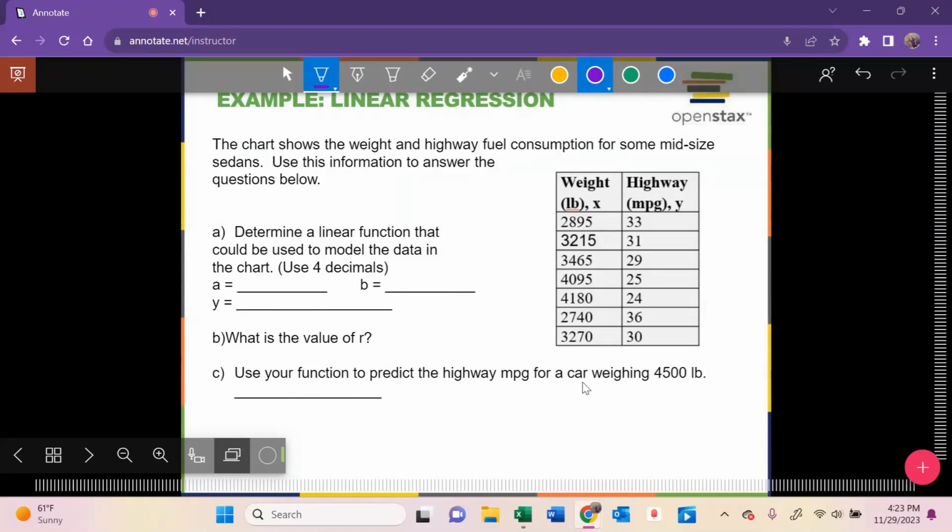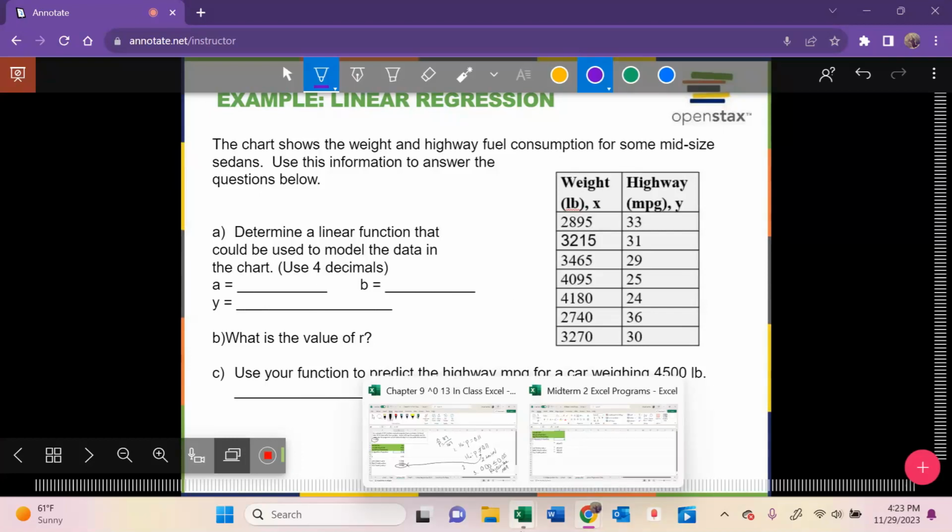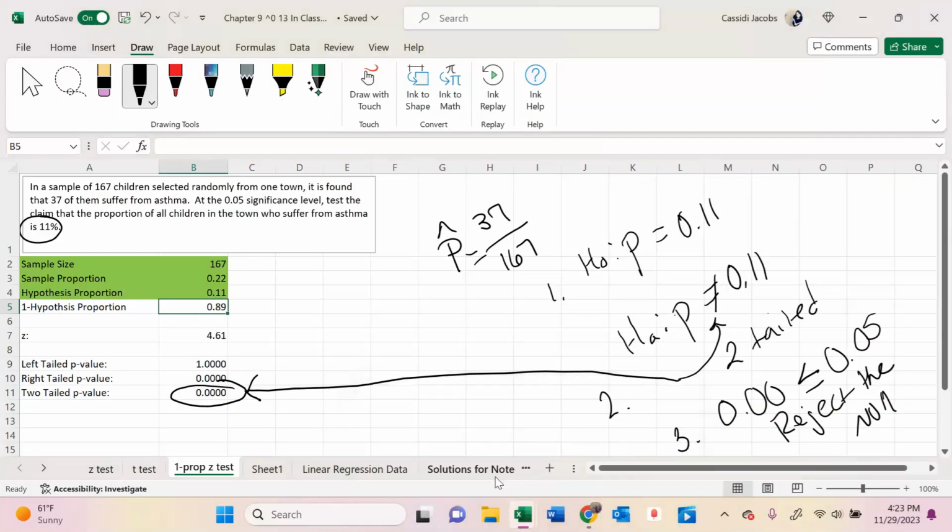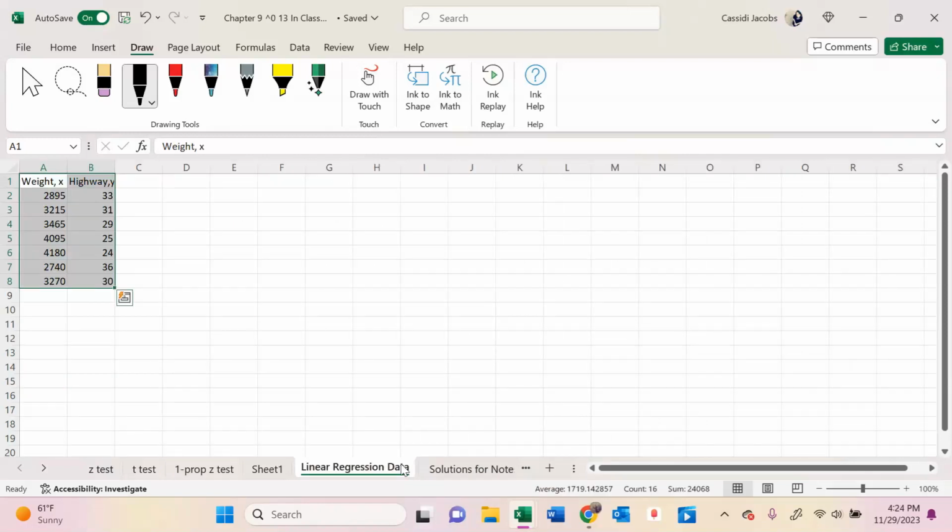Determine a linear function that could be used to model the data in the chart. Use 4 decimal places. We're going to use Excel to do this for us. So I'm going to go back to this chapter 9 and 13 in class Excel here. Linear regression data. This is the data that's in that table.